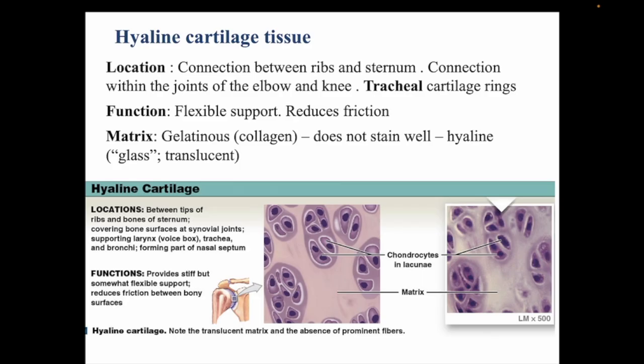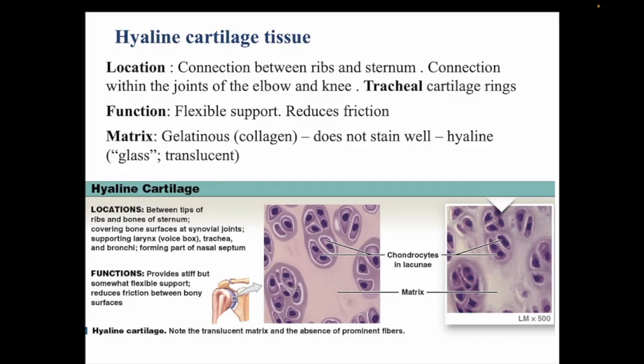Your goal should be to understand what it looks like, so identify it, but also what is the main structure in the body where you can find this hyaline cartilage. So pay very close attention to the location. These are topics that oftentimes can render a lot of questions, and students may struggle because they forgot these things. So the hyaline cartilage is the cartilage that we normally think about.